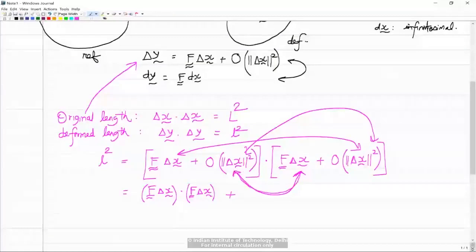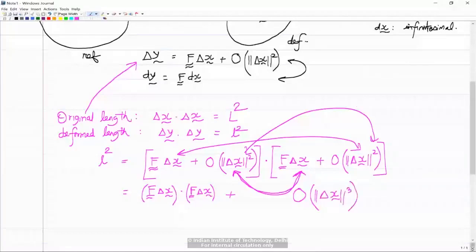One of them is of the order delta x square, and the second one is of the order delta x. Then obviously if you multiply the two, you'll get of the order of delta x cube, isn't it? So instead of explicitly writing the formula, you can simply say big O delta x cube.